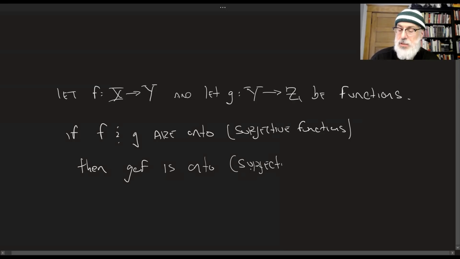Surjective and onto are the exact same thing. I'll try to write both.